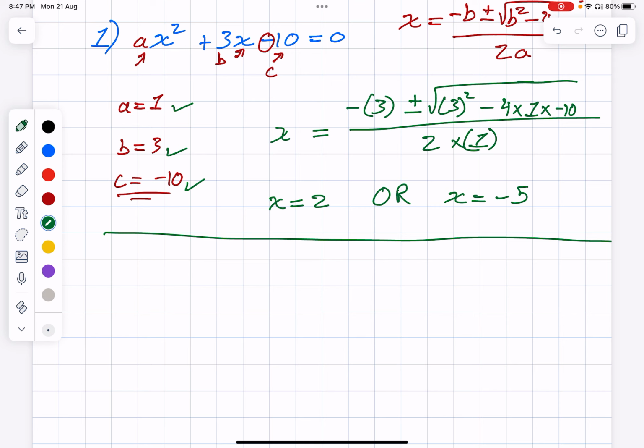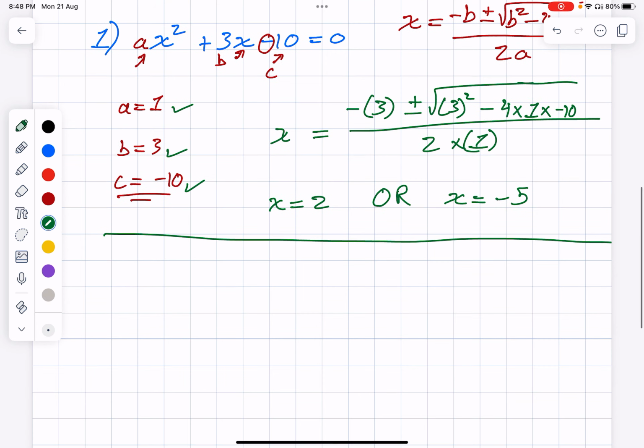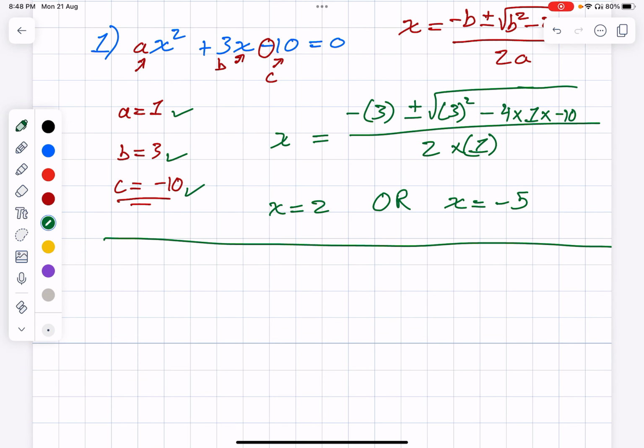You can also do this simply, since the a value is equal to 1. You can think of it this way: for negative 10, what are the numbers that can be multiplied with each other to equal negative 10?